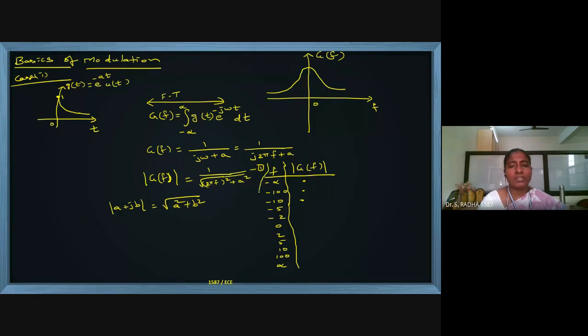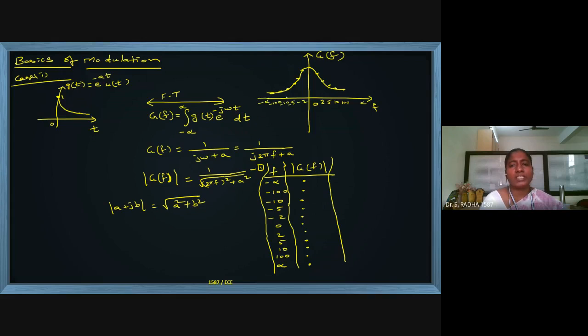For this equation you prepare a tabular column. Using a calculator you will get some values, and if you plot those values, this is the diagram you will get. Directly I am drawing the diagram: at the origin, then at plus 2, plus 5, plus 10, plus 100, plus infinity, minus 2, minus 5, minus 10, minus 100, minus infinity.